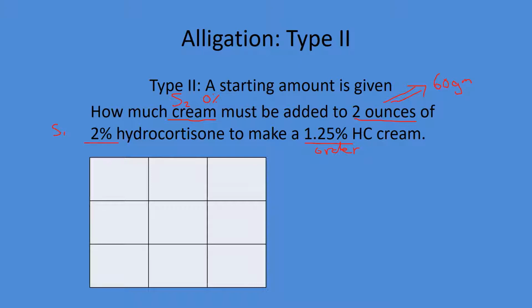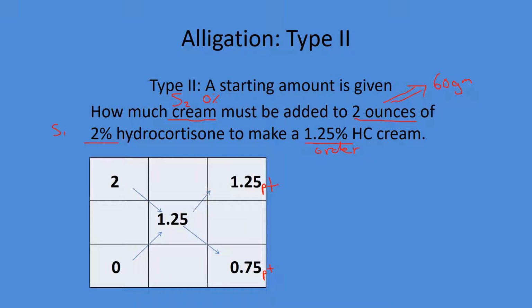All right, let's start the same. Order in the middle, 2 supplies to the left. Let's find the difference. 2 minus 1.25, we got 0.75. And the difference between 0 and 1.25 is 1.25. So the 60 grams, does it go with the 1.25 parts, or does it go with the 0.75 parts?